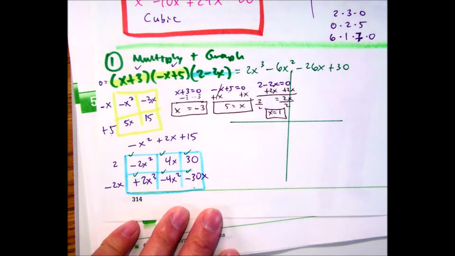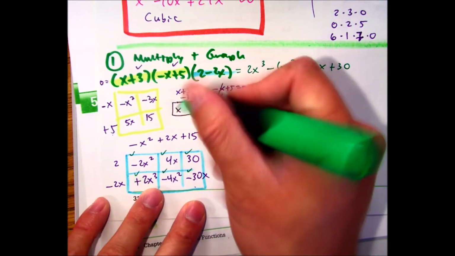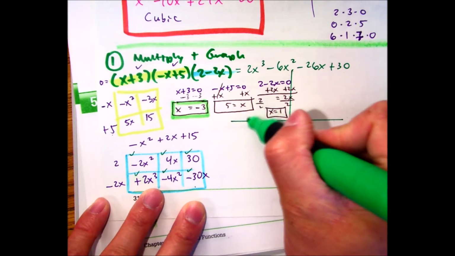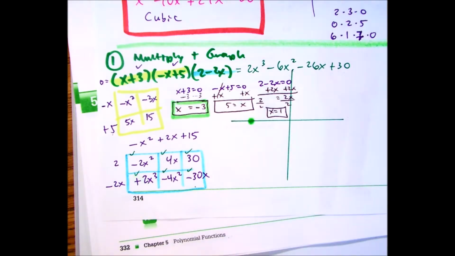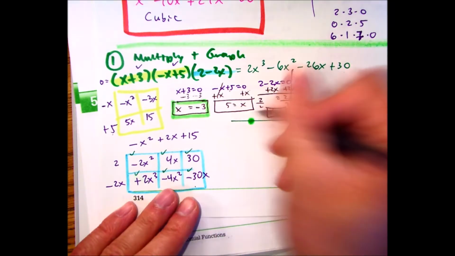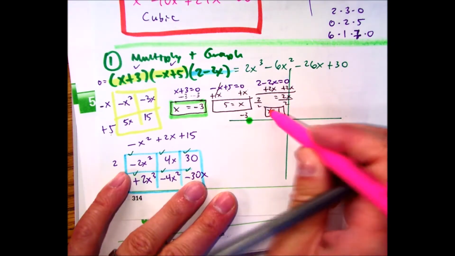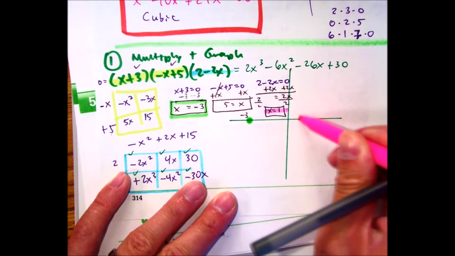Watch what I can do now. I have x equals -3. Label that -3. I have x equals 1 here. 1.